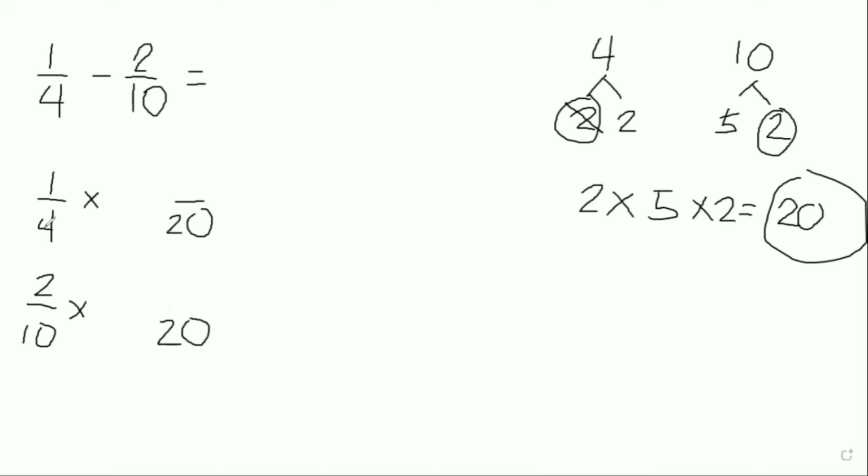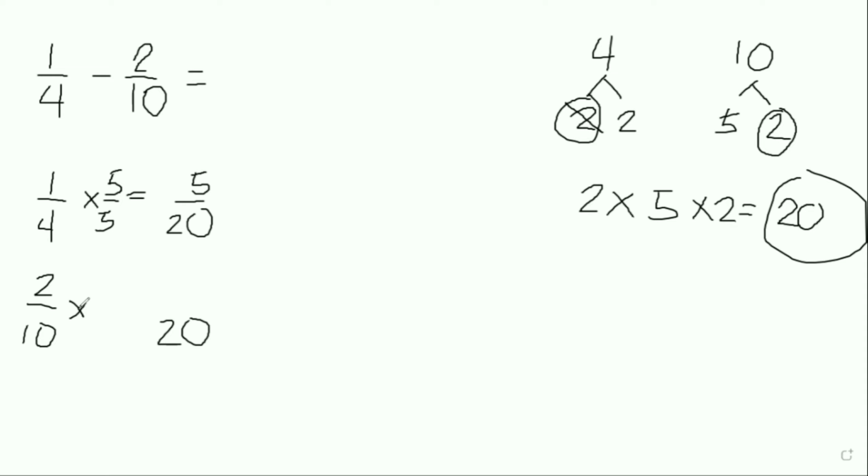So, ano yung pwede nating multiplier sa 4 na ang magiging sagot ay 20? So, 5. Yung 5, imumultiply din natin sa numerator ng 4. So, 1 times 5 equals 5.